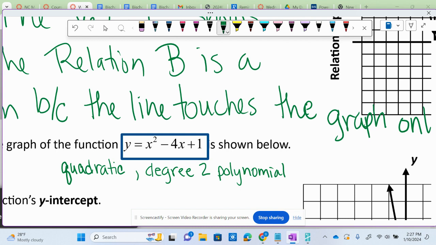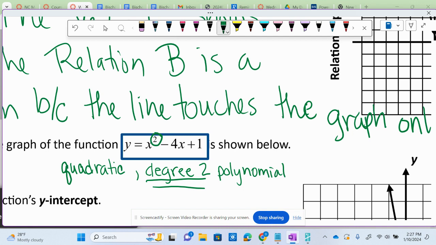When I say the word degree 2, what do you think when you look at that function, y equals x squared minus 4x minus 1? Where do you think the degree 2 comes from? The exponent. Yeah, that degree 2 comes from the exponent on the leading coefficient. So this is a degree 2 because of this right here.